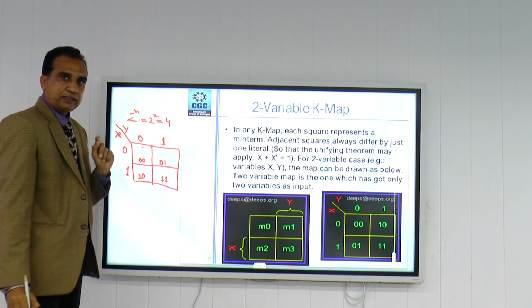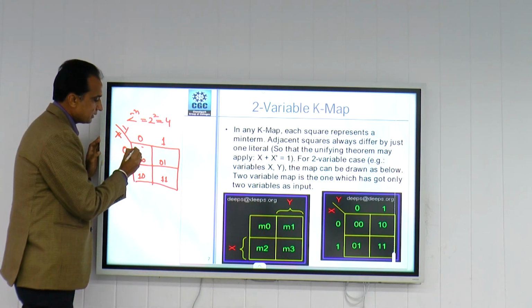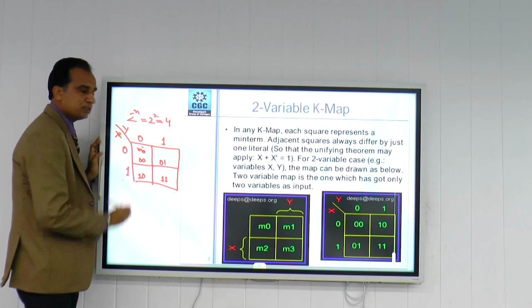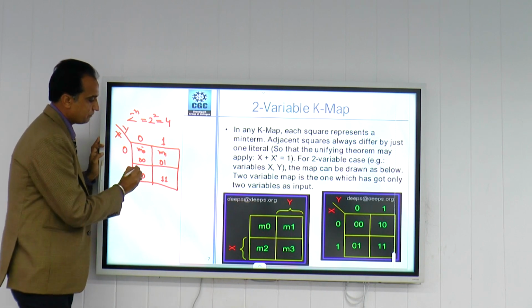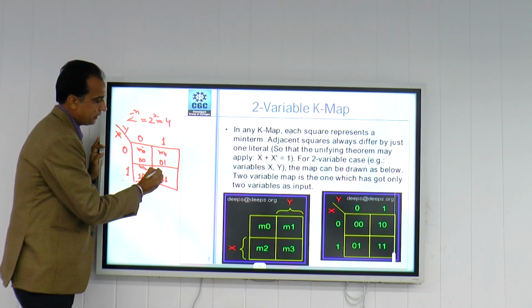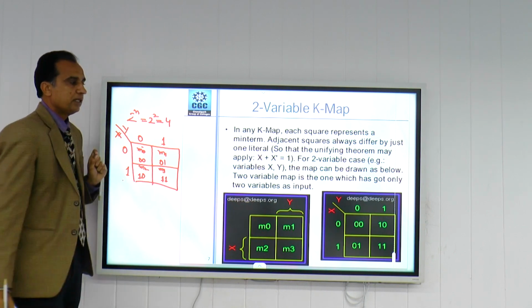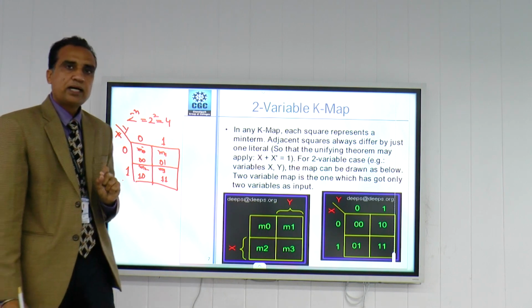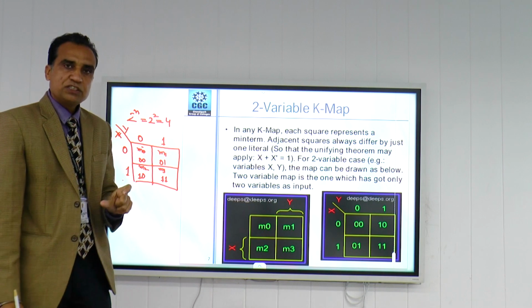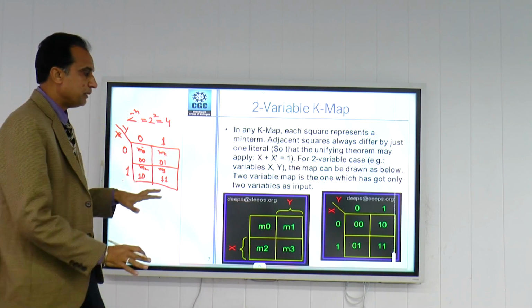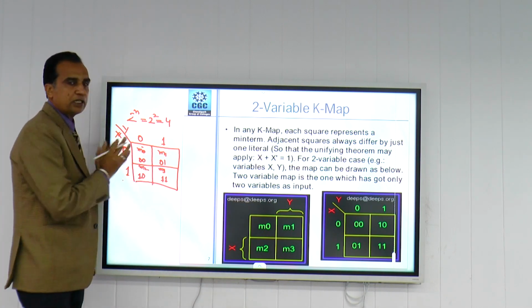If we write in terms of min terms, this is our M0, first min term, this is M1, M2 and M3. This is how we represent a K map for two variable equations. An equation which has two variables can be implemented by using this type of K map.